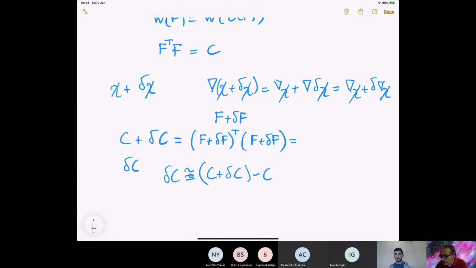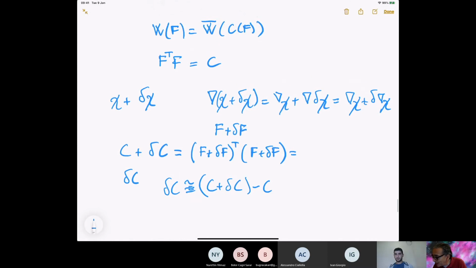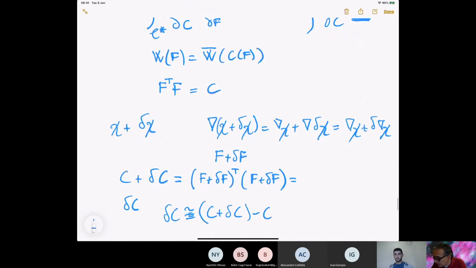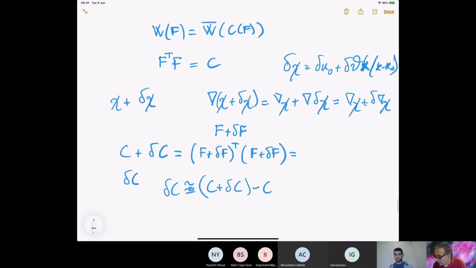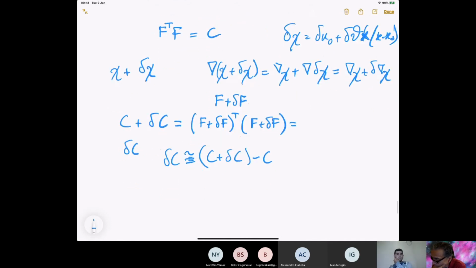What I want to deduce is that delta c is equal to 0 when delta k is given by delta u0 plus delta theta vector (x minus x0). So what do I get?